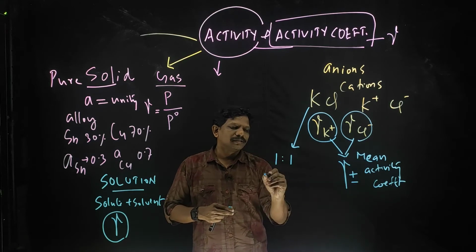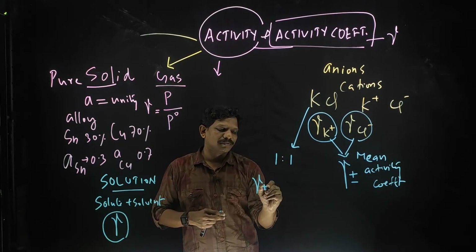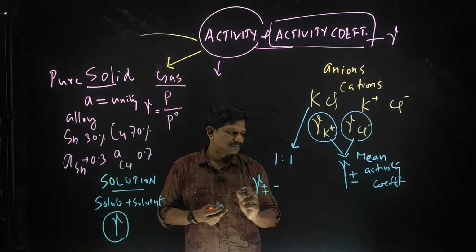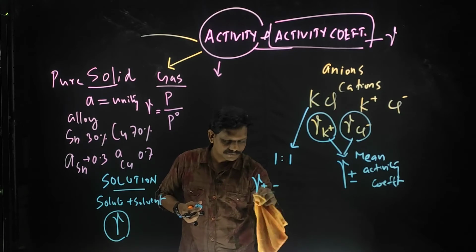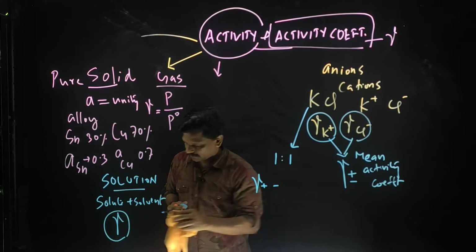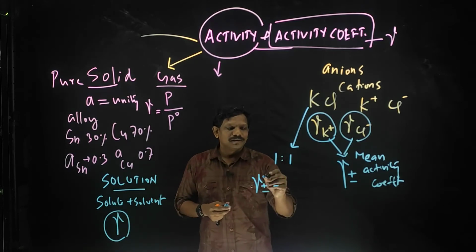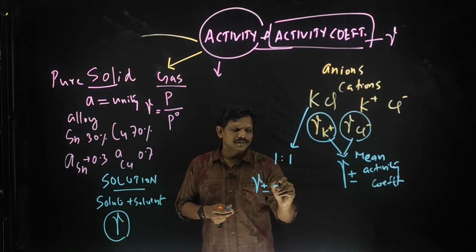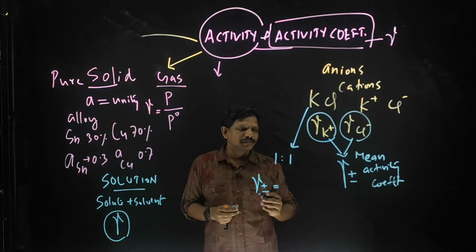The activity coefficient can be expressed like this: gamma plus-minus, that is the mean activity coefficient.